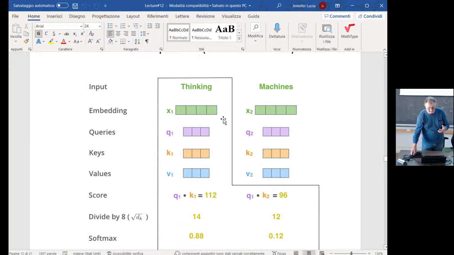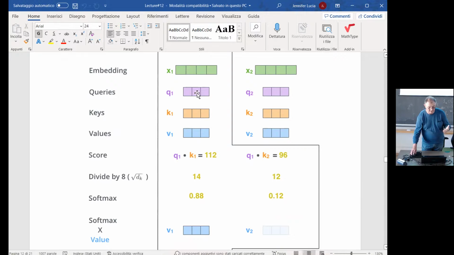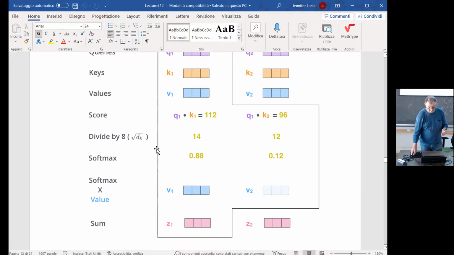So we have Thinking Machines, input embedding, x1, x2, queries. We elaborate then numerical vectors, queries, keys, and values, with dimensionality of 64. Then, as usual, score, divide, normalize, softmax apply.